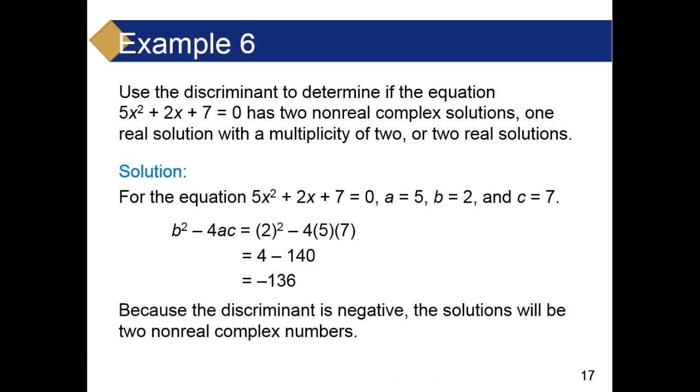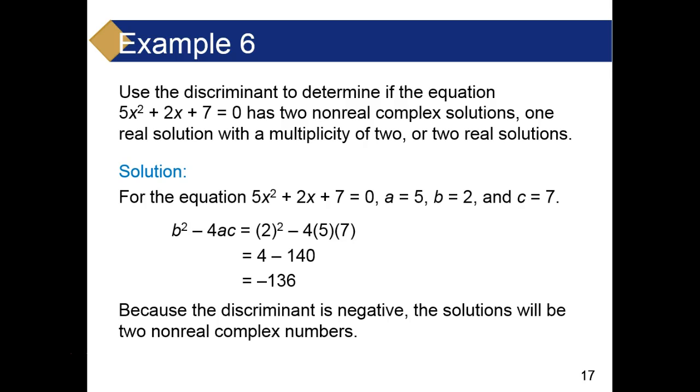So therefore, you have 2 non-real complex number solutions. All you have to say, no real solutions. Make sense? When you get in higher level math, you can do the other part.